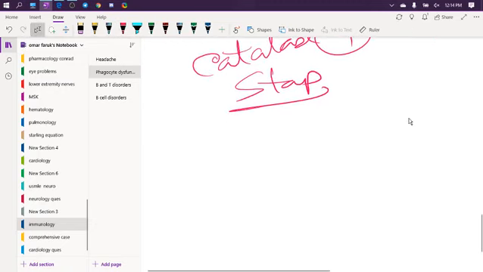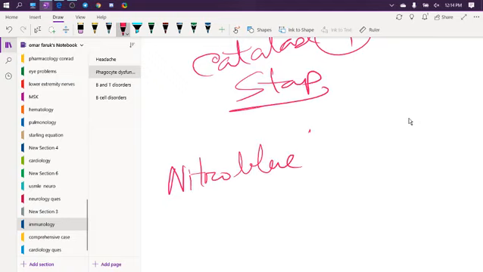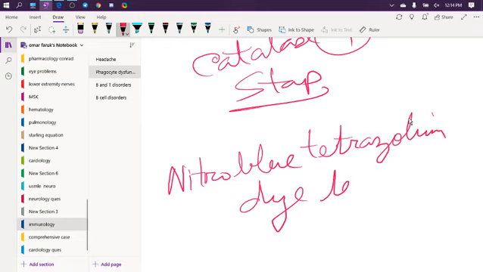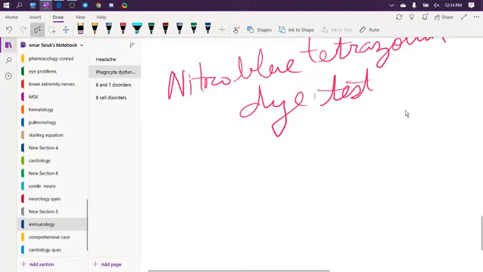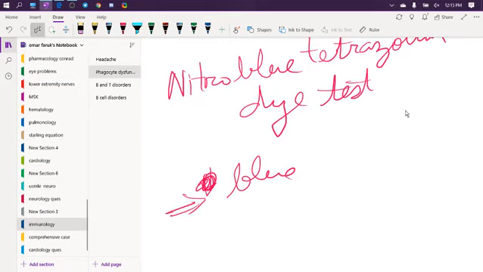And another thing you have to remember is that there are two tests to detect chronic granulomatous disease. First of all, there is the nitro-blue tetrazolium dye test. If you give this nitro-blue tetrazolium dye test, it fails to turn blue in the diseased person.